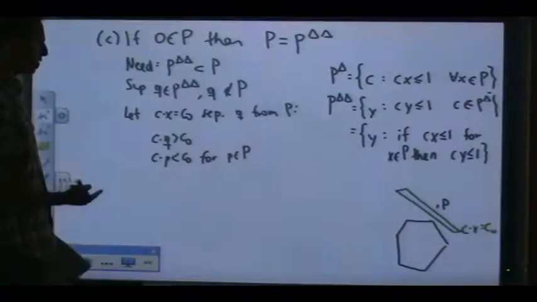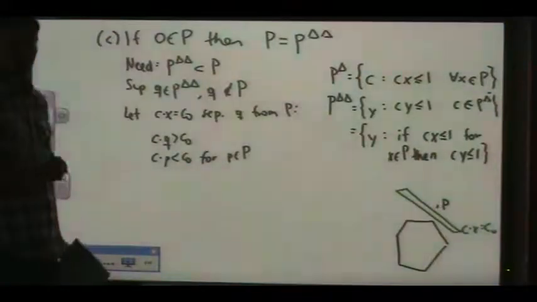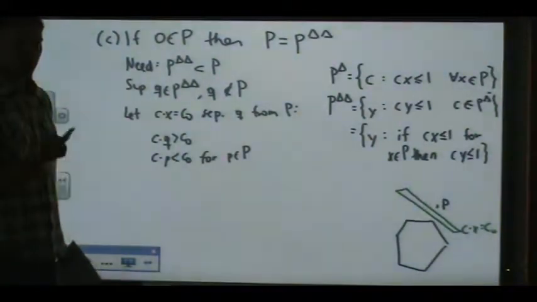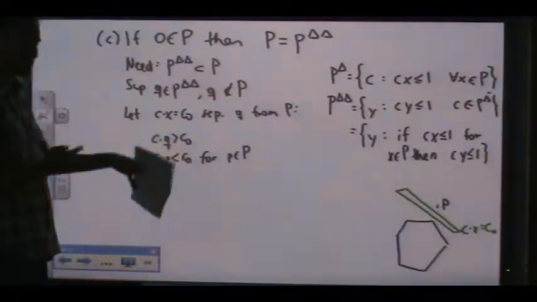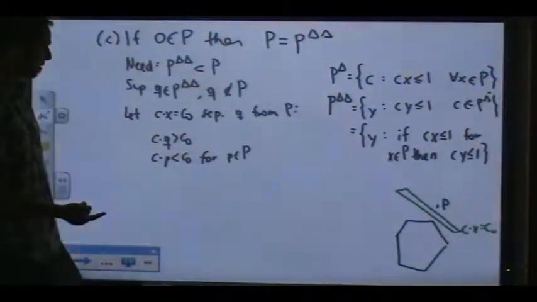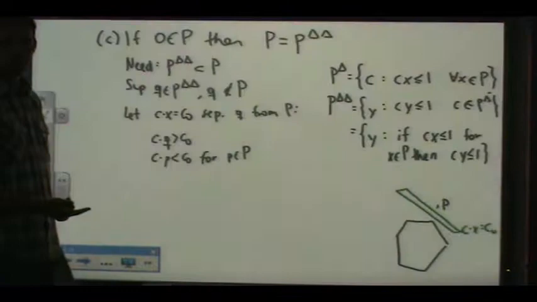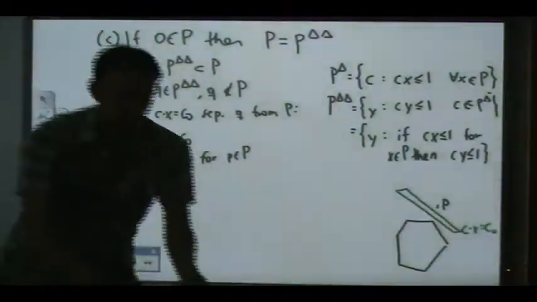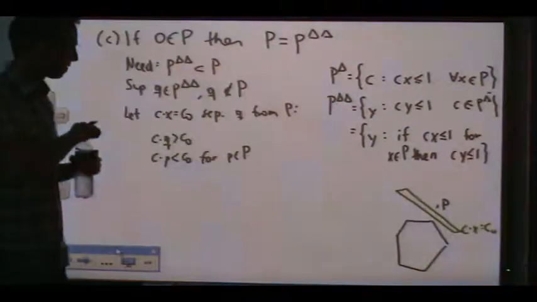What I want to do now is divide by C0. But because these are inequalities, I should find out what sign C0 has. Can you tell me what sign C0 has? Is C0 positive or negative?